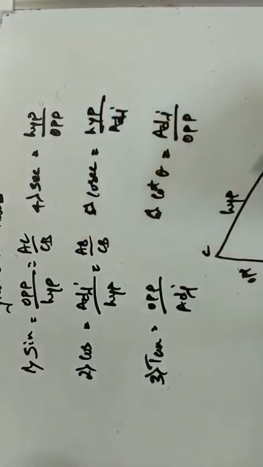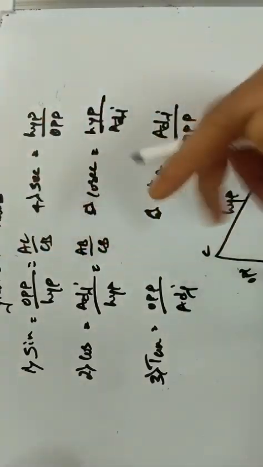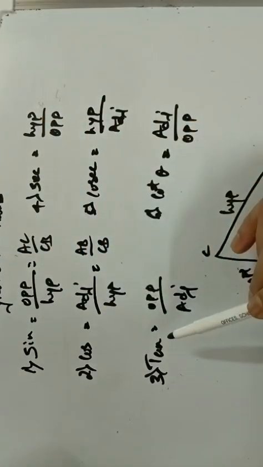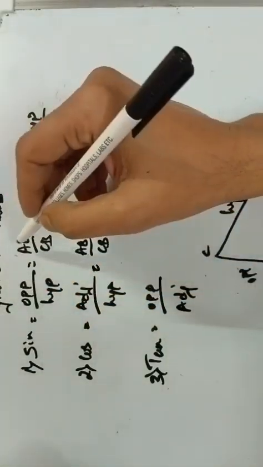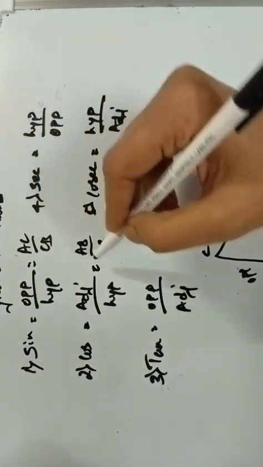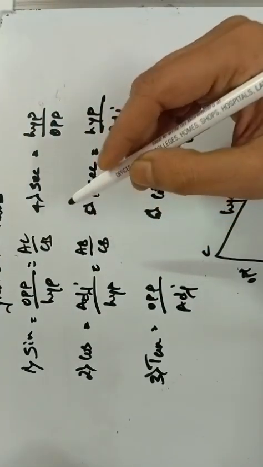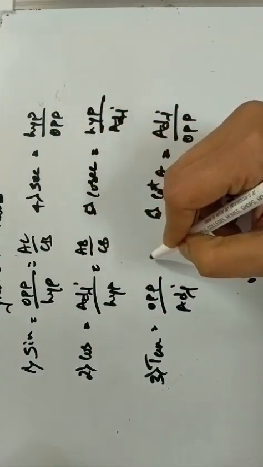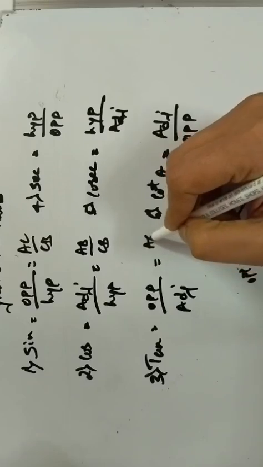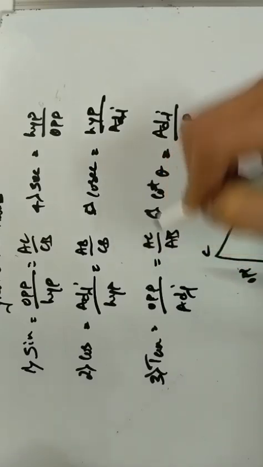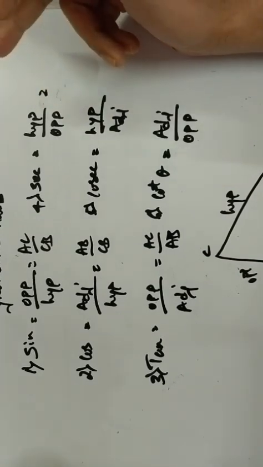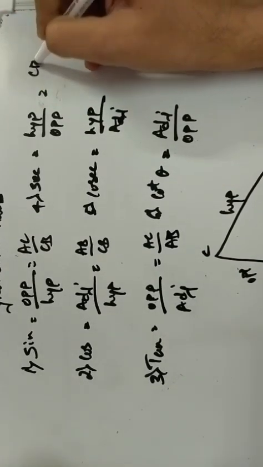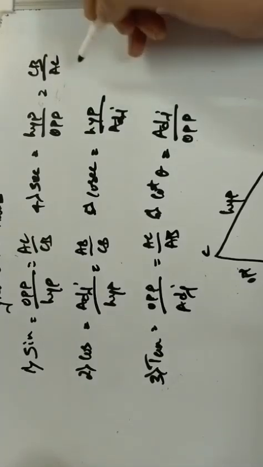And now, without looking at the figure, we can easily judge the remaining answers. The tan theta will be sin by cos, so AC by CB whole divided by AB by CB, so it comes down to AC by AB. For secant theta, it is just the inverse of sin theta, that is CB by AC.